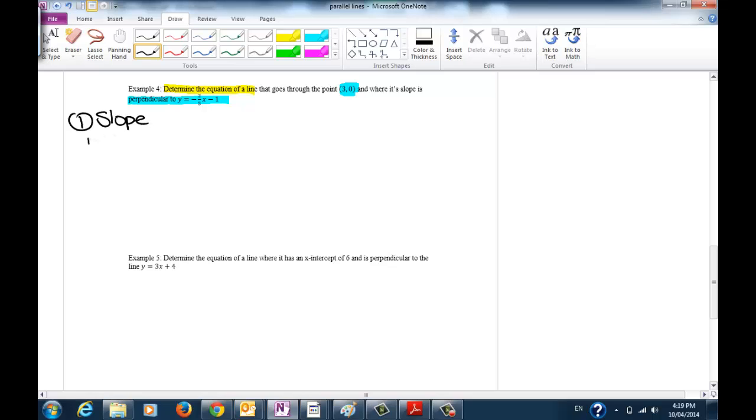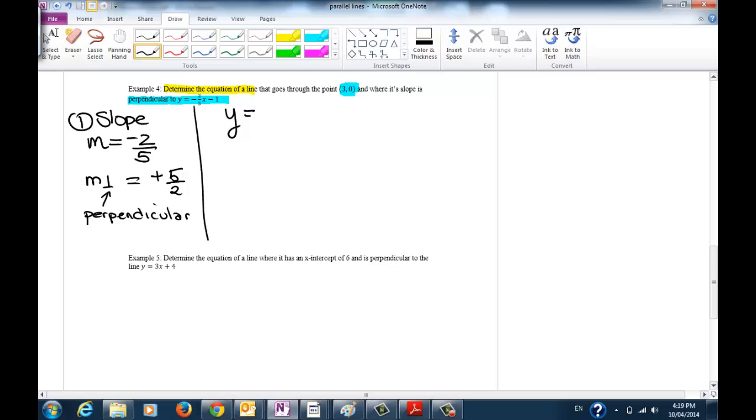I know that the slope of my line up above is equal to -2/5. The perpendicular slope: a negative times a negative is positive, and we flip, so we get +5/2. So the first thing that I figured out is y equals 5/2x plus b.